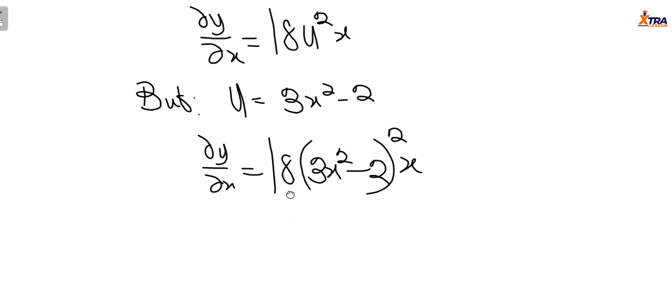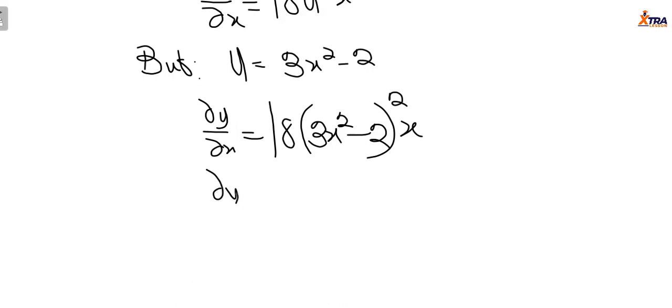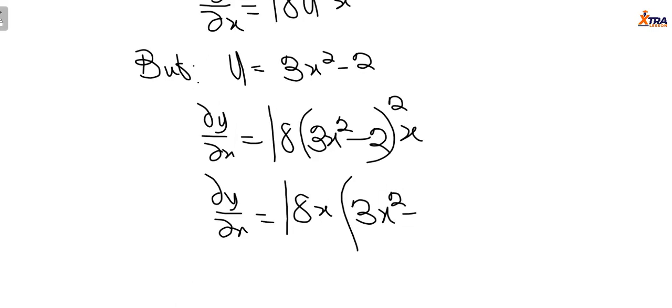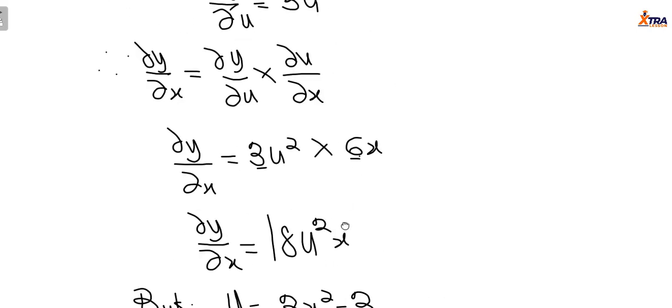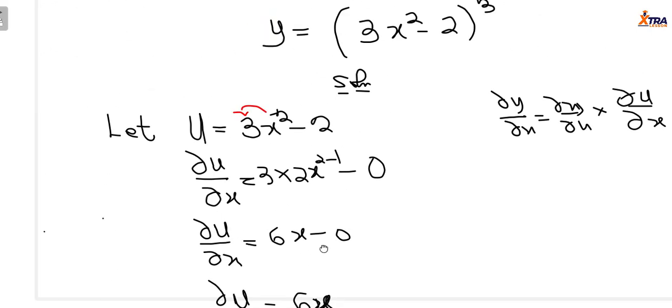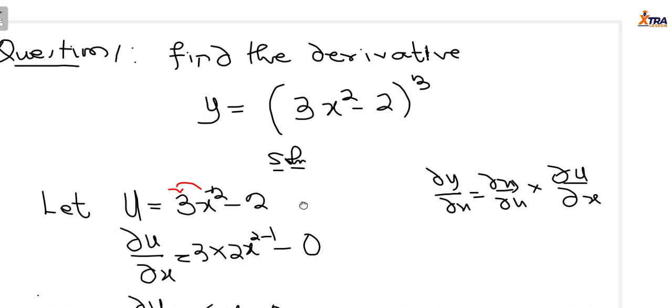So we can put this in this form: dy over dx now equals 18x times (3x² − 2)². So that is the derivative of (3x² − 2) all raised to power 3.